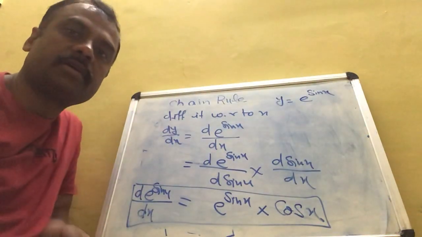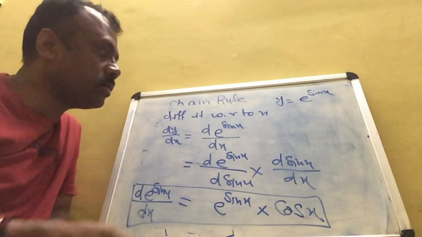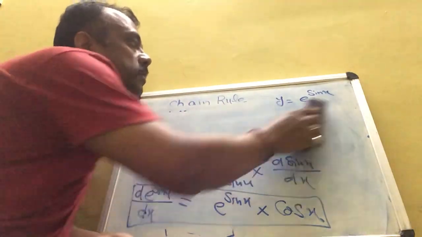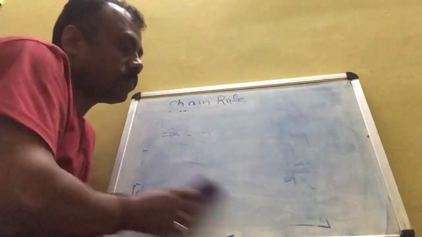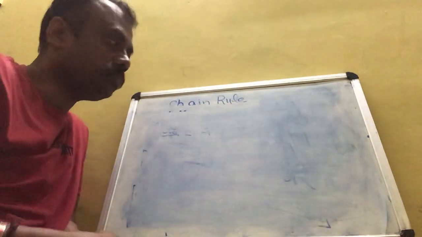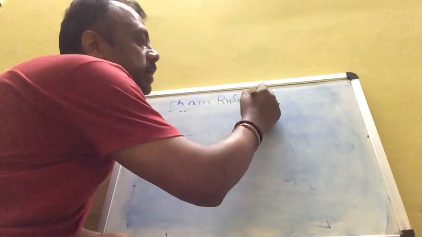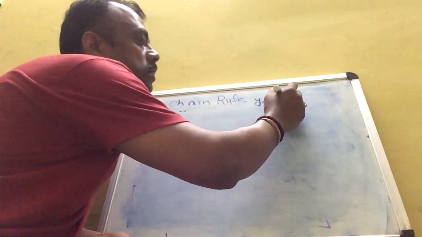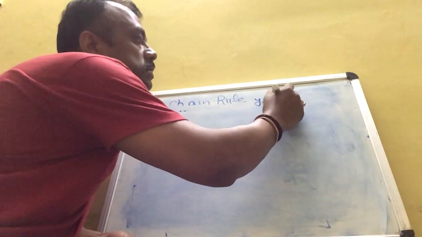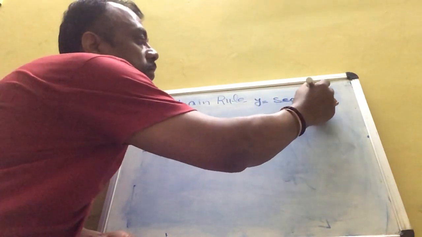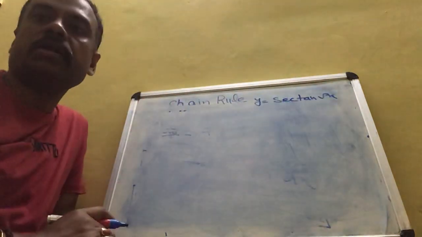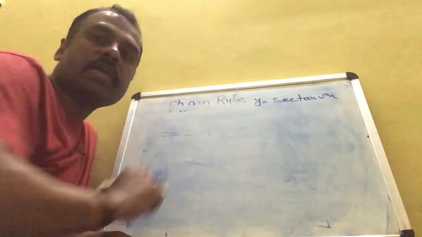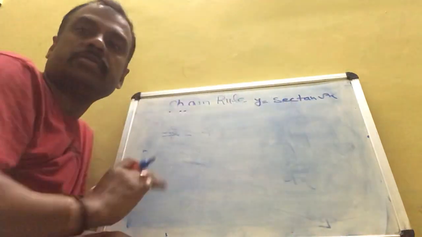Okay, let us try another, which is a composition of three functions. Let y equal sec of tan of root x. Here this function is a composition of three functions: the sec function, the tan function, and the square root function.